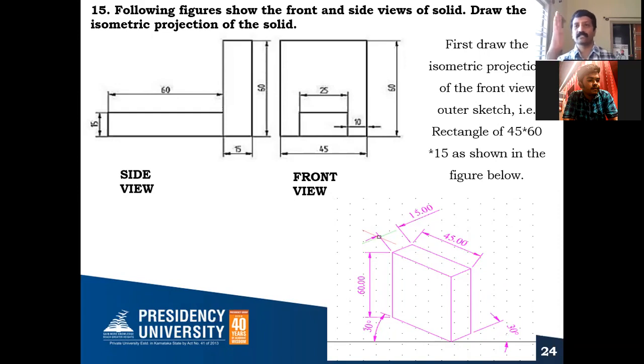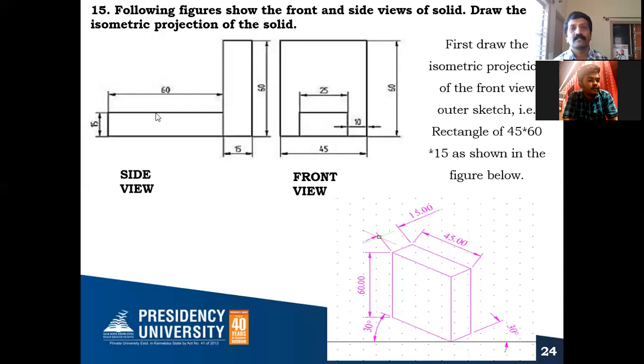So this is one rectangle, and one more rectangle is attached here, like this. Okay, the two rectangles were formed. So with the front view and side view, you could find out the dimensions and the shape of the two combined solids. This solid is a rectangular prism of 45 by 15 and height is 60.